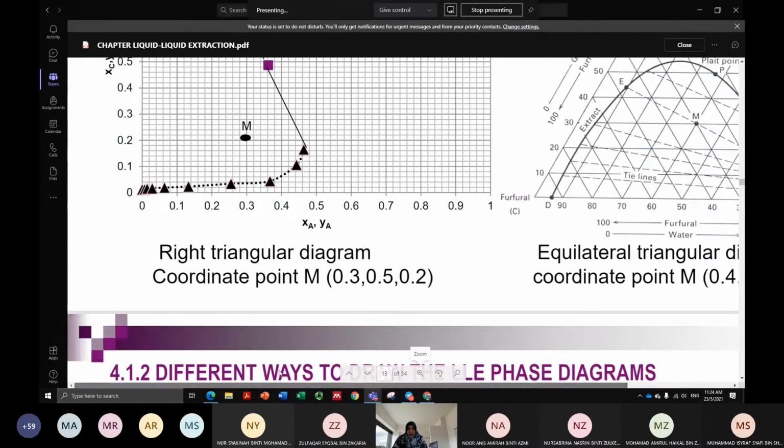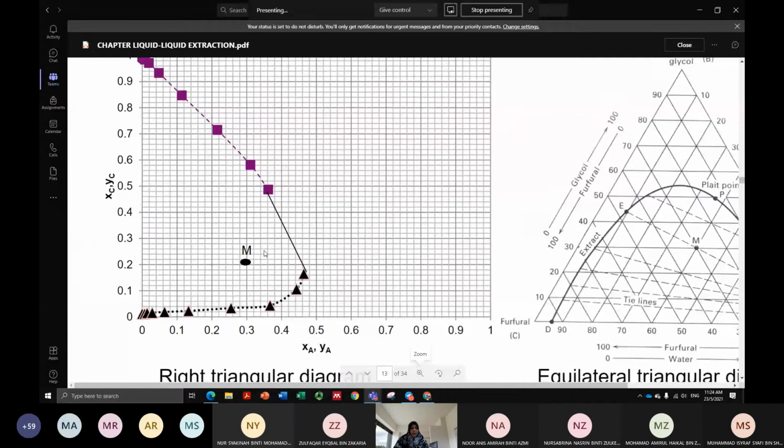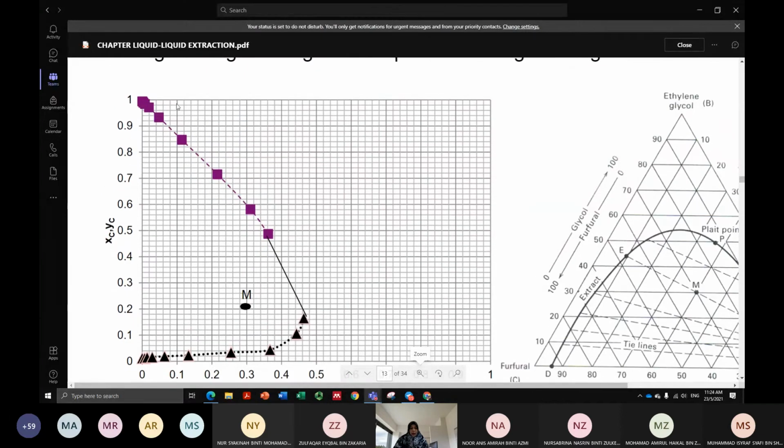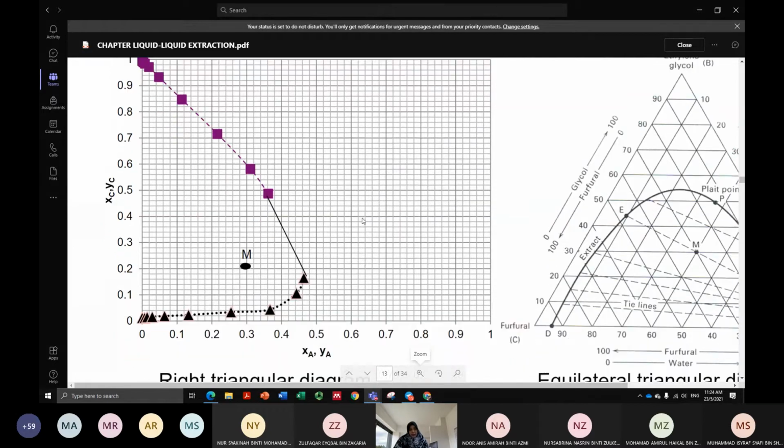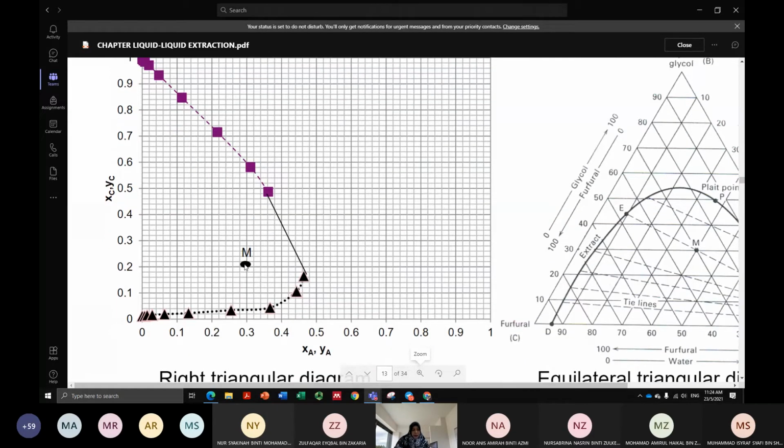Now let's look at the right triangular diagram. The value here is not the same as this one because this is for different components. If you want to read the coordinates for M, this is the two-dimensional axis. This is the A axis, A at the x-axis.